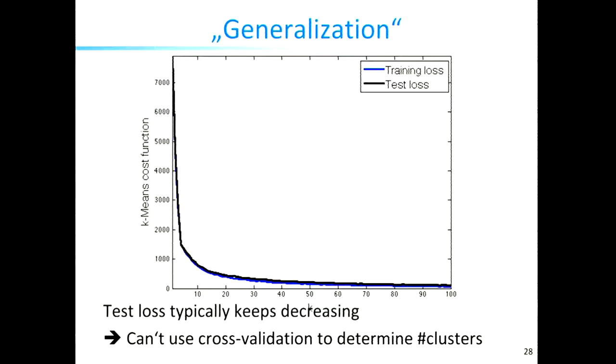That's how I evaluate, the same thing we've done in supervised learning. I could measure my generalization error, my prediction error, by looking at the quantization error on test examples. But it doesn't give you a very good signal for k-means. So unfortunately, cross-validation is not the right answer here, at least not looking at this empirical risk.